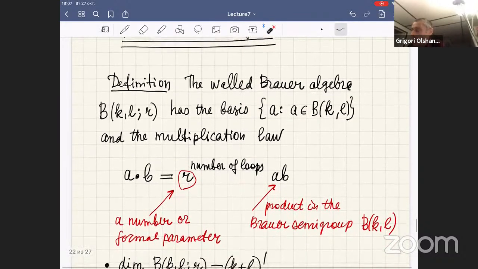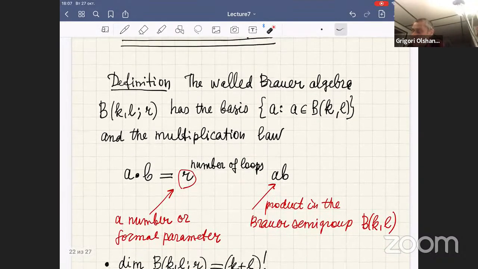Namely, we take some parameter denoted by R. I'm not sure it's a good notation, but okay. It can be a numerical parameter, or even a formal variable. And the Walled Brauer algebra depends on this parameter.